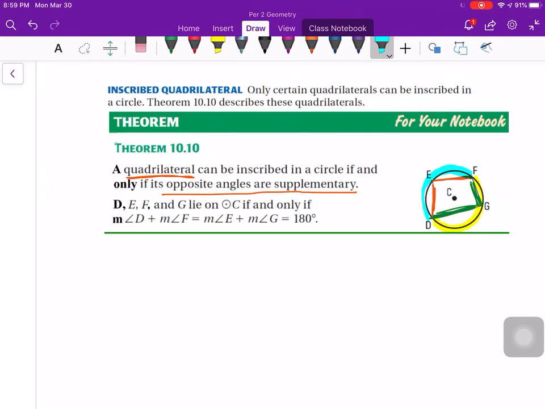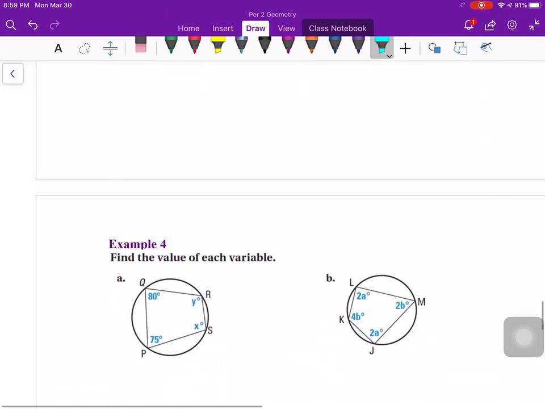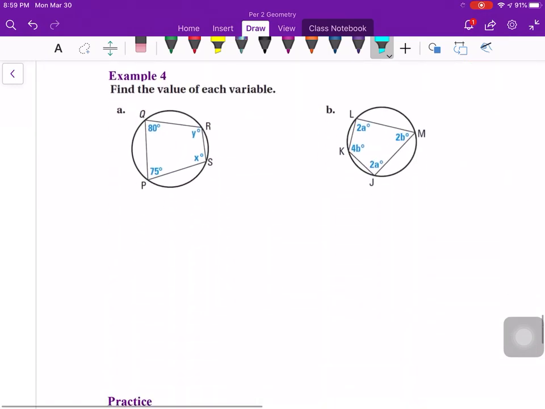You can see the yellow arc and the blue arc together give you a full circle, and since each angle is half of its intercepted arc, together they're half of a full circle, so they're 180 degrees. Opposite angles of an inscribed quadrilateral are supplementary. Let's see how that shows up in our problems.